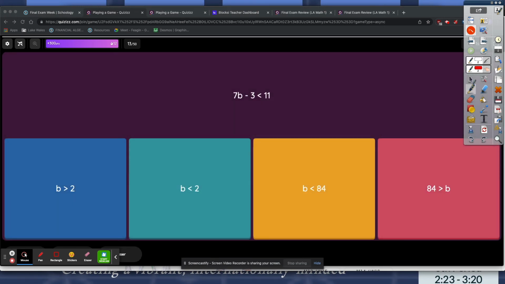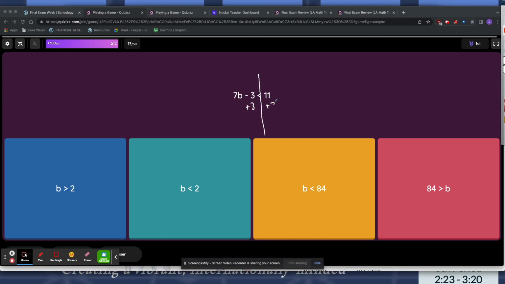Easy money here. Add 3. That doesn't change any signs. Adding and subtracting does not change any signs. Now, division and multiplication will, but we're dividing by a positive number. So B is going to be less than 2.